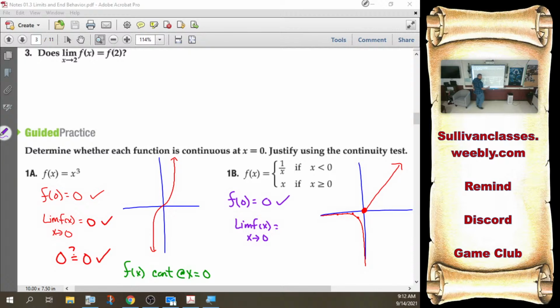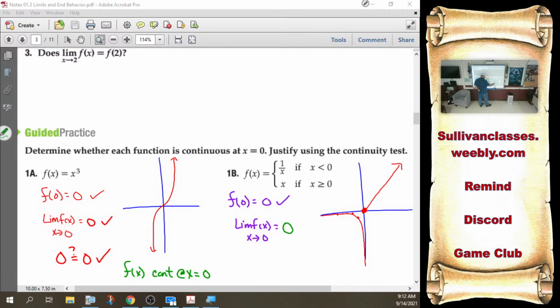Think about, as I approach 0 from the left and the right, is it going to the same spot? As I come at it from the left, it's going to negative infinity. As I come at it from the right, it's going to 0. Those two are not the same number.